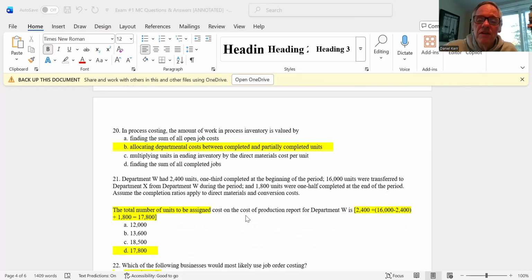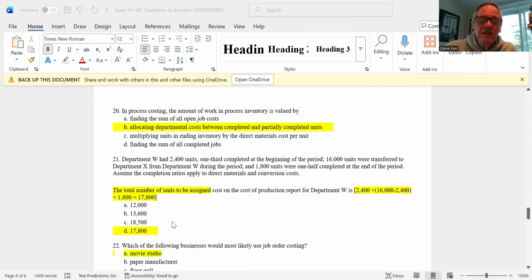This is not equivalent units. The total number of units would be the 2,400 plus the started and completed, which would be the 16,000 minus the 2,400 that you had to begin with, plus the ending inventory. So the correct answer there is 17,800. These really are the whole units. These are not the equivalent units for materials and conversion costs. These are the whole units, 17,800.